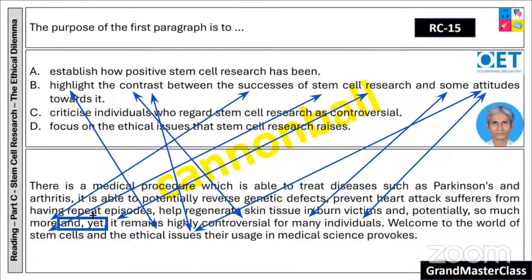So everywhere he's showing, and yet means whatever you are doing good, but still I'm not ready to accept what you say. So still you're saying this is good, this is good, this is good. There are many more good things, but still people don't agree. So that is the attitude of some people towards the stem cells.